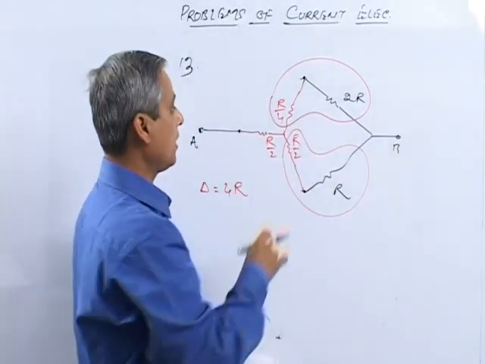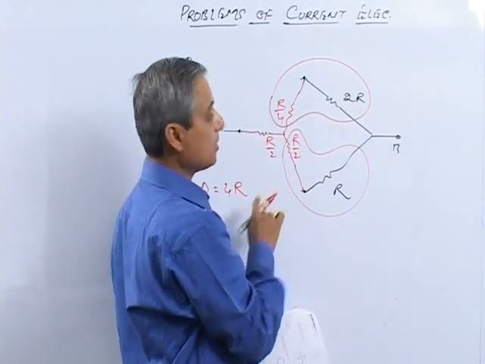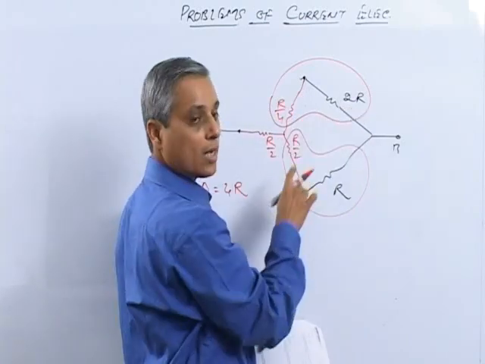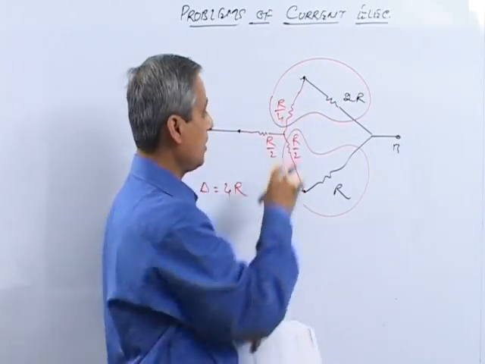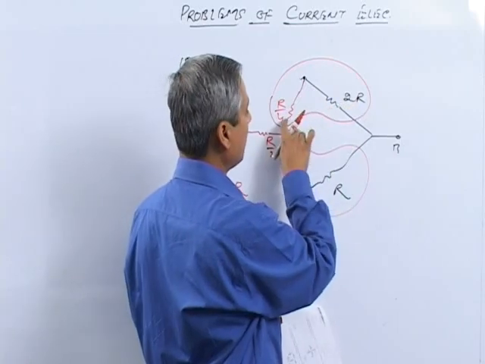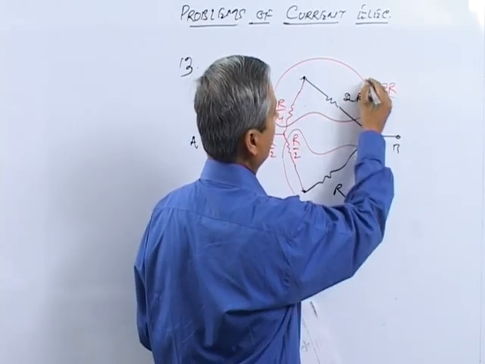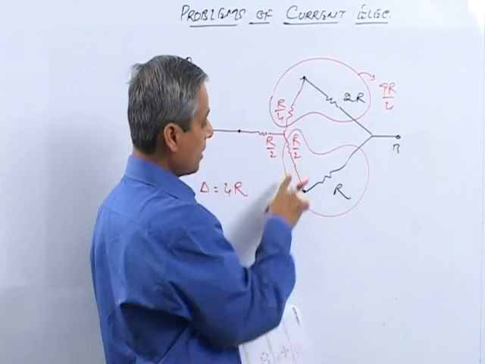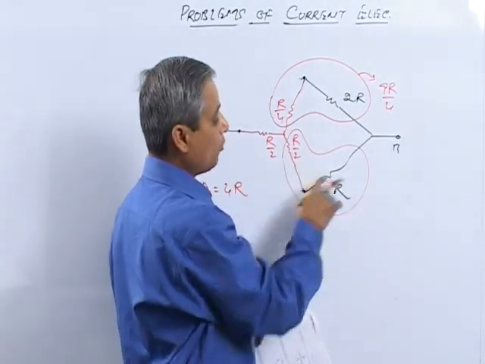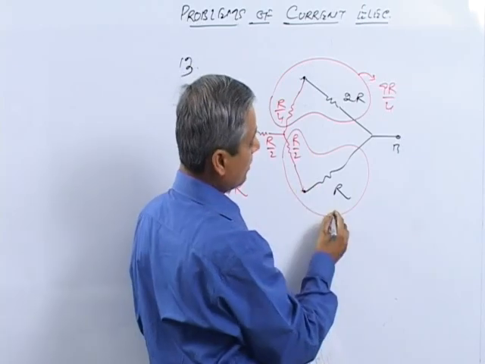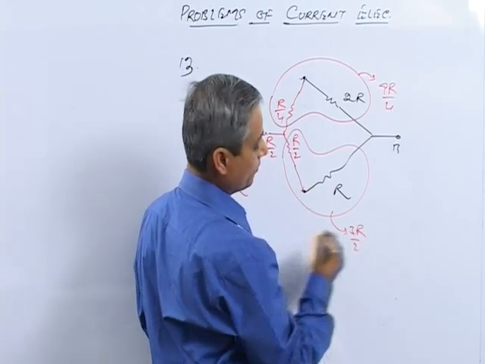First, let us calculate their series combination. R by 4 and 2R are in series, so simply add. R by 4 plus 2R will make it 9R by 4. Similarly here, R by 2 plus R will make it 3R by 2.